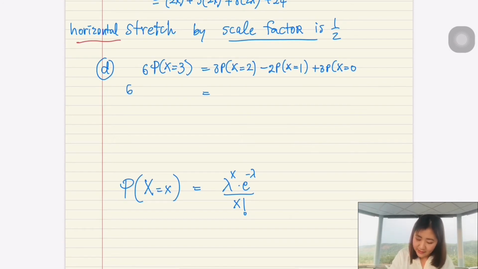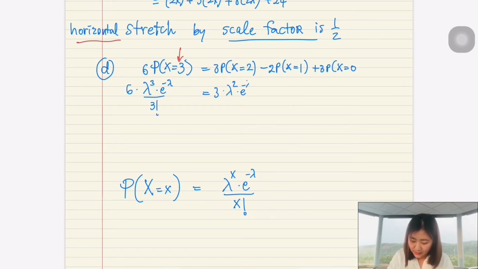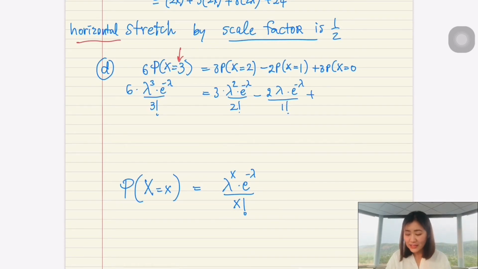So 6 here, and then right now your x is 3, so times lambda to 3 times e minus lambda over 3 factorial, 3 times lambda square e to minus lambda over 2 factorial, minus 2 lambda to power of 1, which is lambda, and e to minus lambda over 1 factorial, and last one plus 3 lambda to 0 e to minus lambda over 0 factorial.